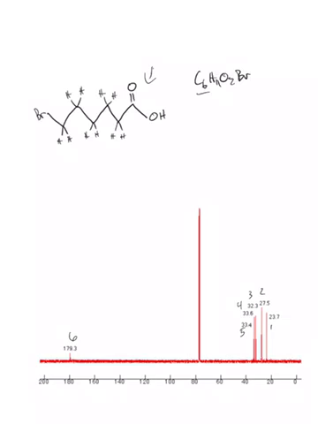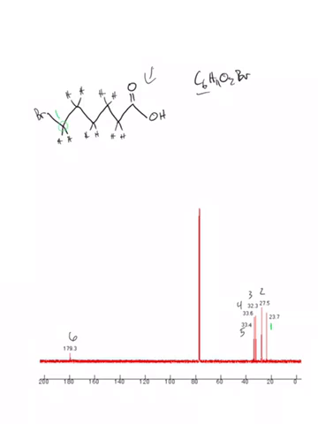So we can see that since this carbon group here is the furthest from the carboxylic acid, we can say that this is going to correspond with number 1, which was here.